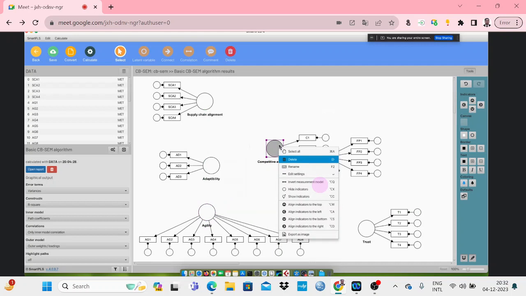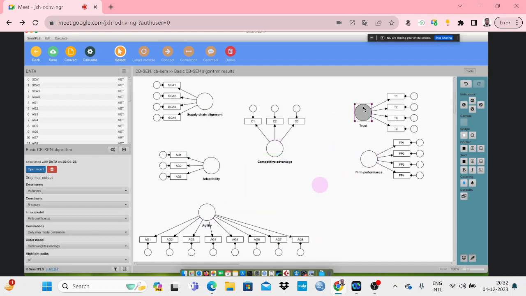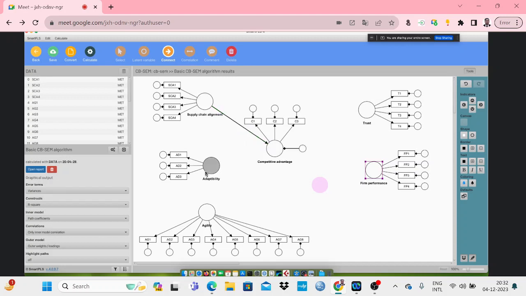So now let us connect these like we had in the study, and verify it.